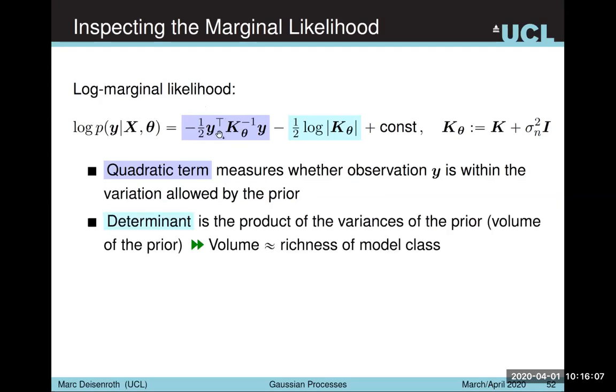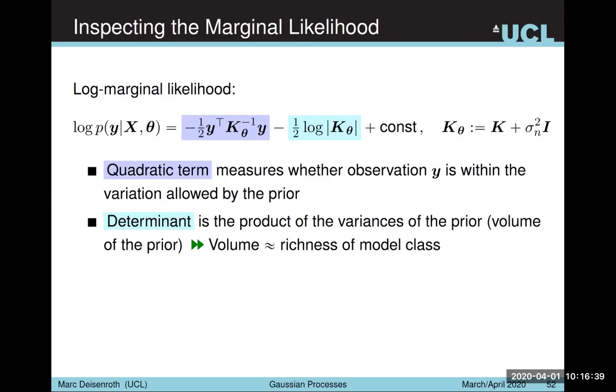The second term is the determinant, and if you think of this, the determinant is the product of the variances of the prior, and therefore it also computes the volume of the prior. If you think of volume as the richness of the model class, then we can take this term as a penalty on the model complexity.